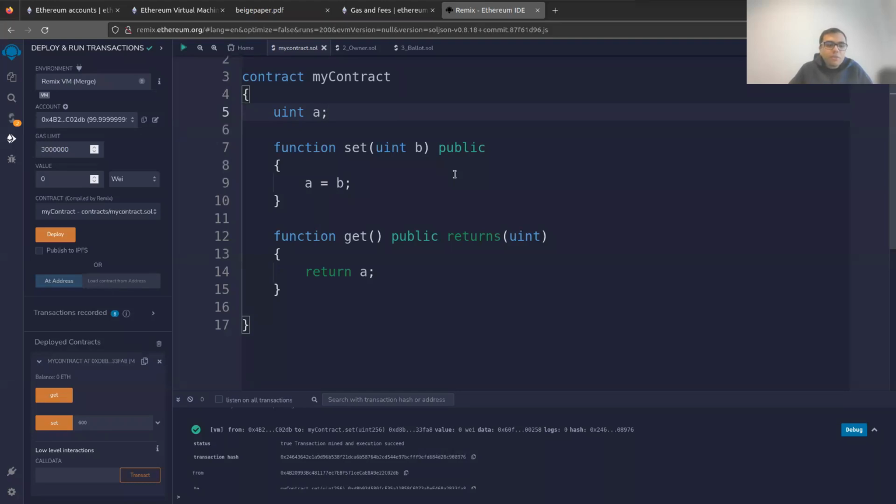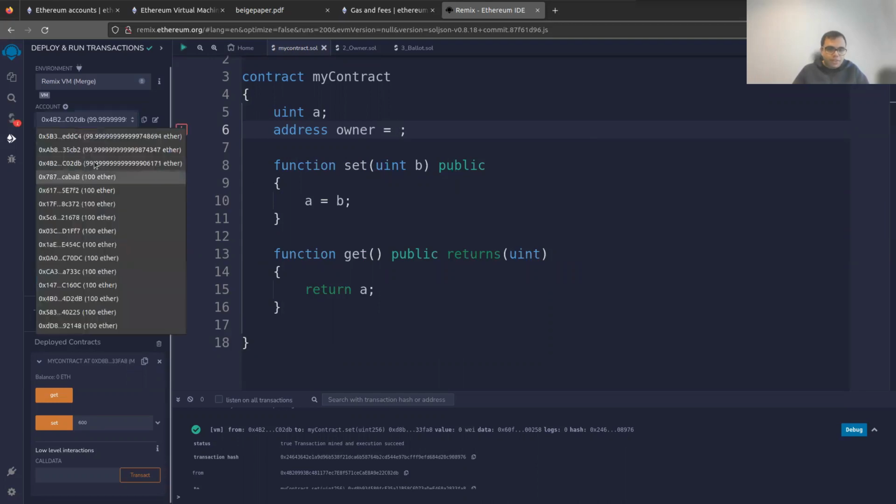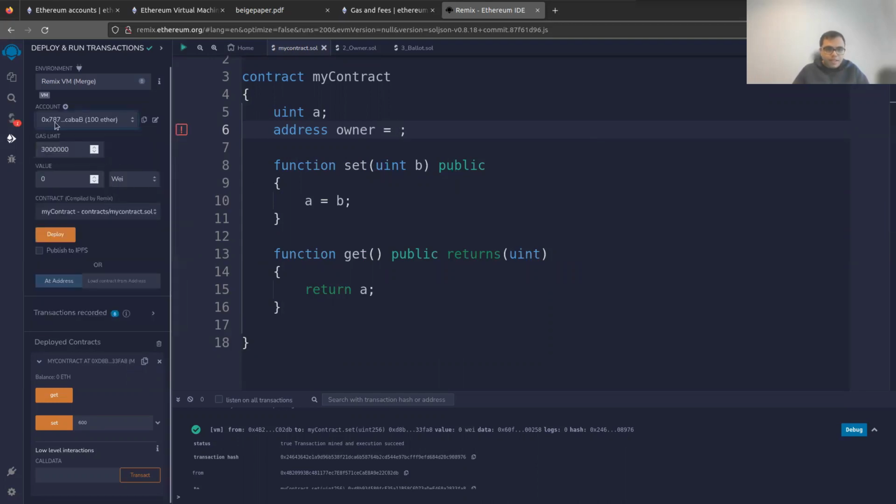So I want to be able to point to an account in my contract. So let's say I have an address, and this is a data type that exists in Solidity. I can create an address and I can call it, for example, owner. So this would be the address of the owner of this contract. And I can say that the owner of this contract is, let's say, this account.